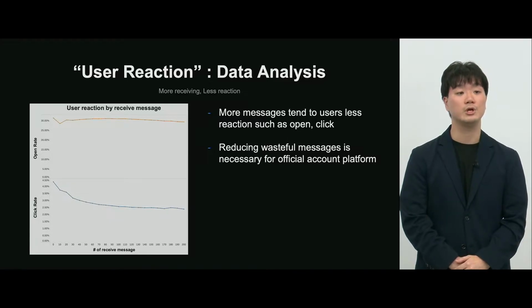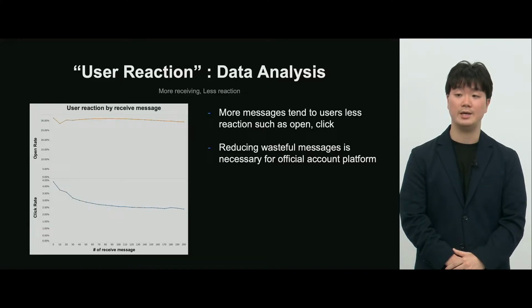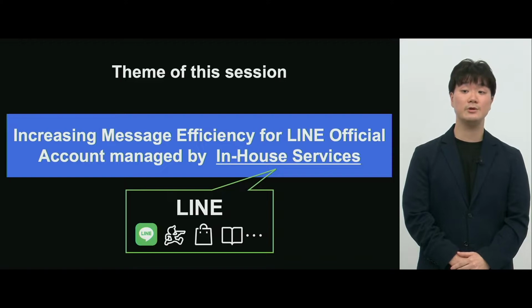That means by receiving many messages, they will not react to those messages. Meaning we will have more wasted messages. So in order to deliver meaningful messages to as many users as possible, we have to reduce the number of wasteful messages.